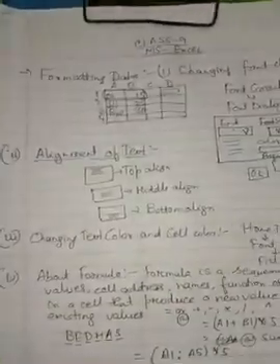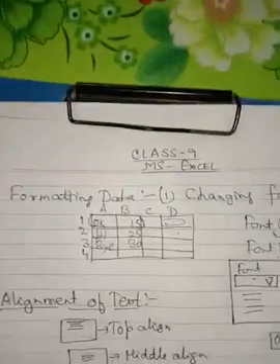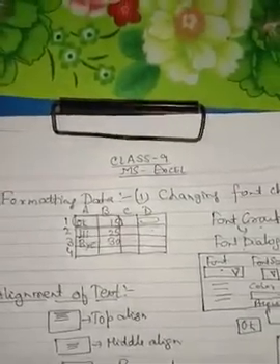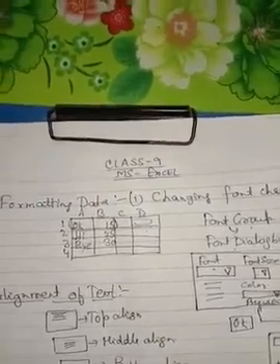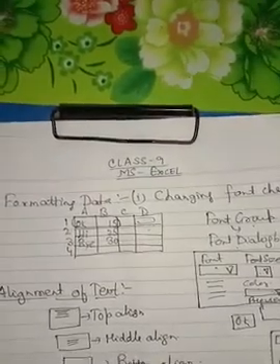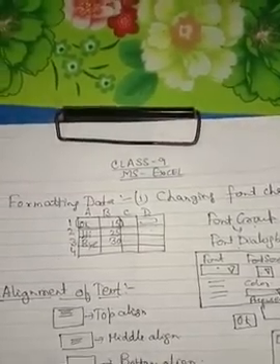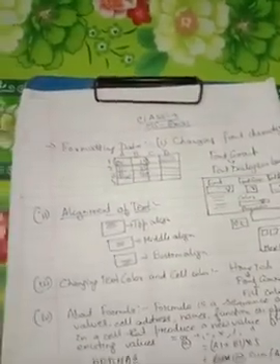So students, till now in this video we have discussed what is formatting and the different types of formatting options. In the last video I explained the difference between formatting and editing. Remember, many times in exams you are asked about the difference between formatting the data and editing the data.